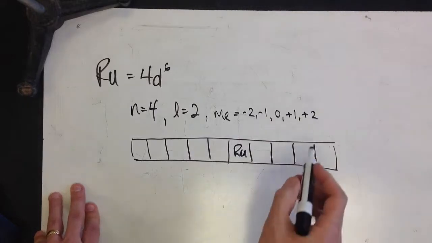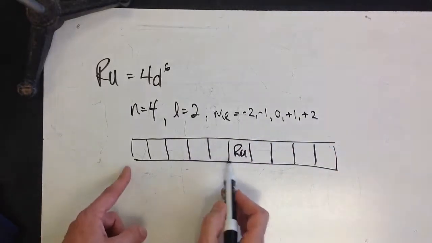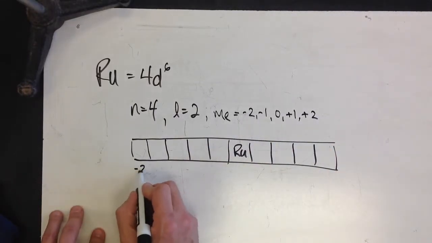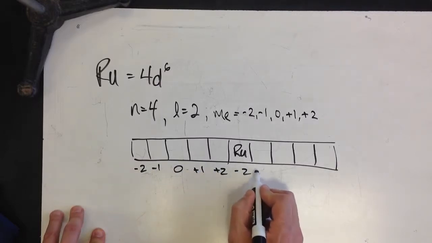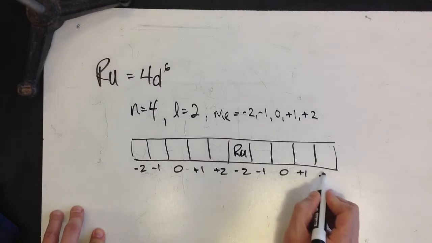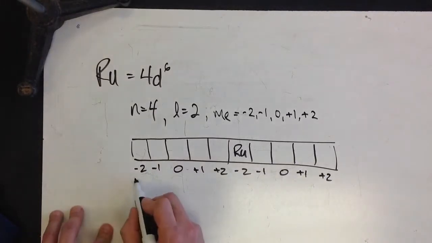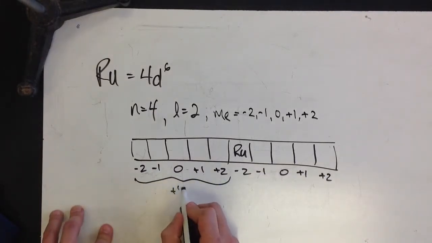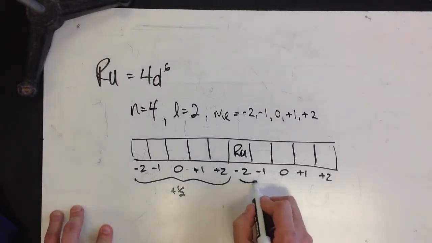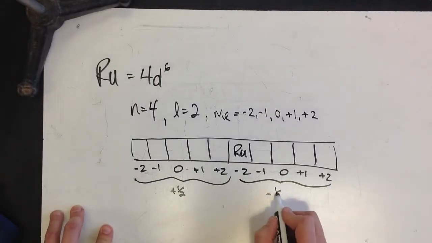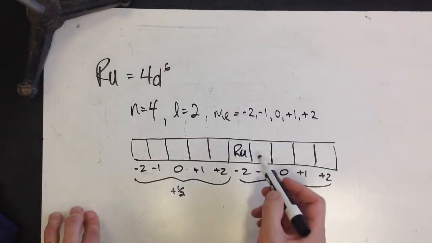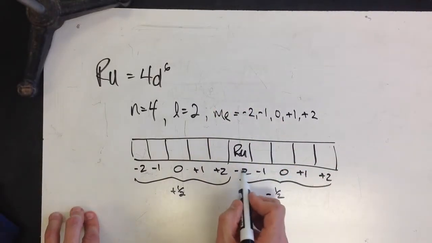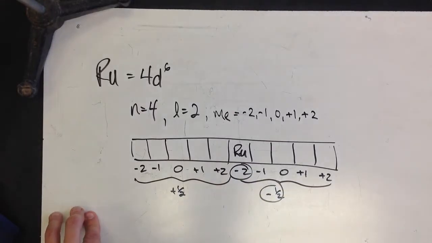That's 5, but there's 10 here, but remember, it gets repeated because this section corresponds to electrons with a positive spin. This section corresponds to electrons with a negative spin. So we can finish this up easily by looking at, well, here's ruthenium, so it's -2 and it's -0.5.